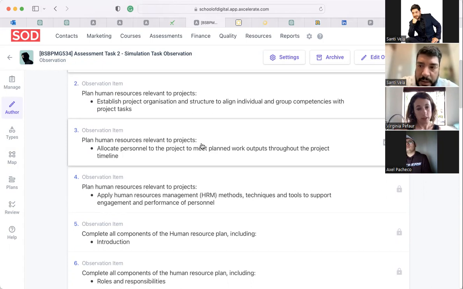It's a charter, the project charter. We need to have the project charter for us to have an idea of what the project will be about, and also to have a formal approval of the project. Well done.